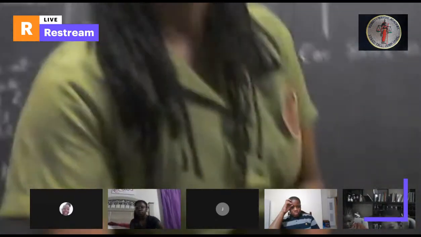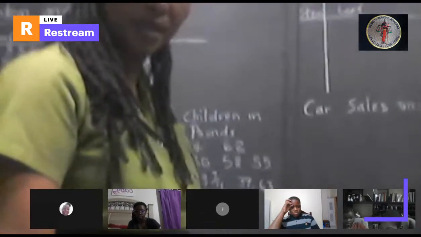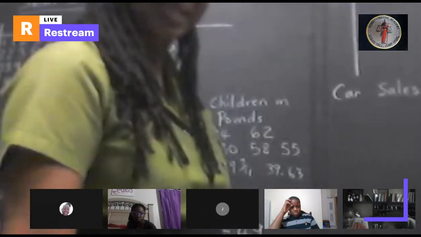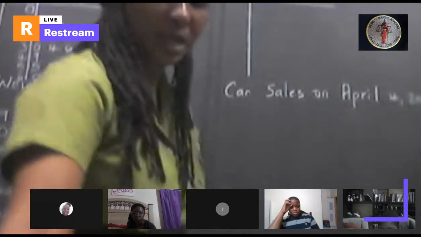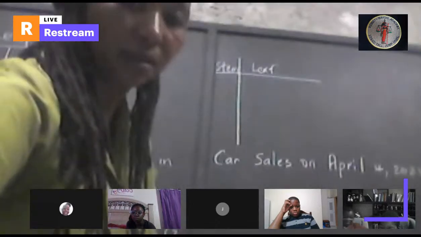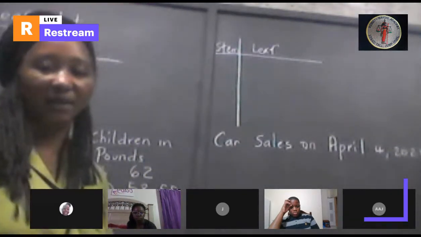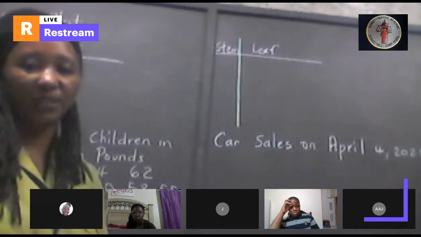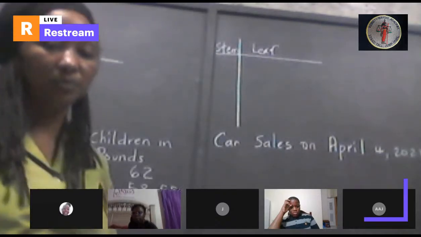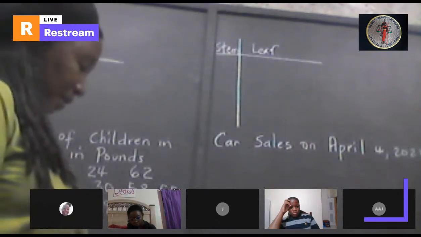So this one is showing car sales at a particular car dealer. Car sales on April 4, 2021. All right, so let me write the figures for that one.